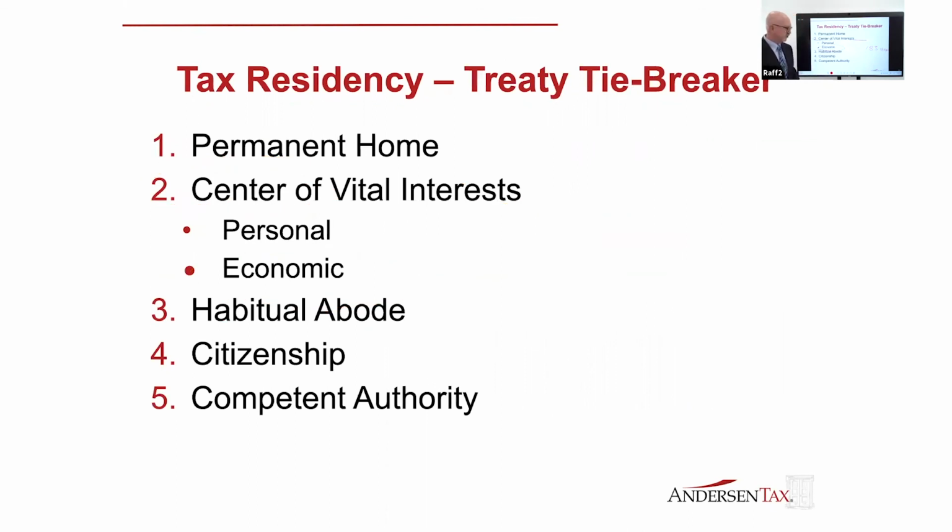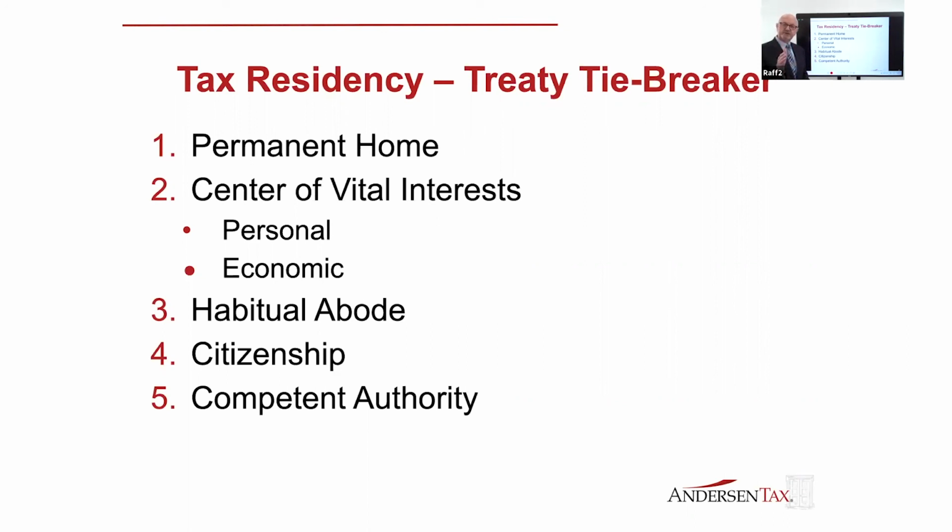The tax treaty has a mechanical test, and as soon as it comes to a determination, it stops. In other words, the fact that you might be a U.S. citizen or a Canadian citizen won't be relevant unless none of these other tests are determinative. And the only way to actually get to the tax treaty is where you're a resident of both countries under their respective laws.